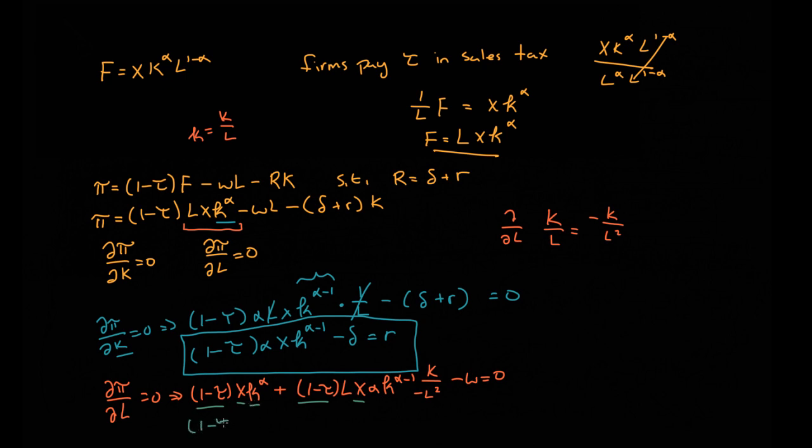So 1 minus tau x k alpha, and that's going to be times, so here we just have 1, and on the other part we're going to have alpha, and then when we factor out k alpha from k alpha minus 1, that's going to be the same as k alpha minus 1 minus alpha, which is going to be k minus 1, which is equal to L over k.